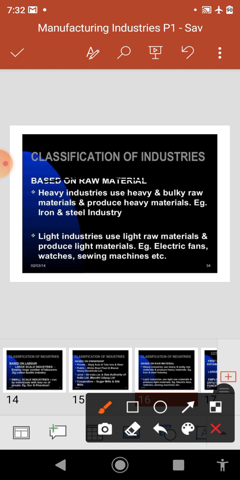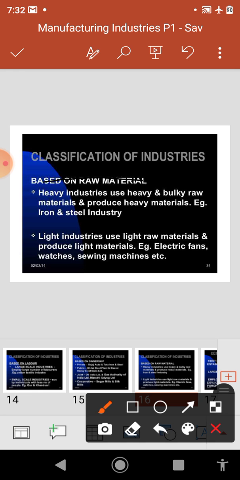So on the basis of weight of raw material and finished goods, industries can be of two types: heavy industries and light industries. Heavy industries are those industries which are using bulky raw material and the weight of the finished goods is also heavy.